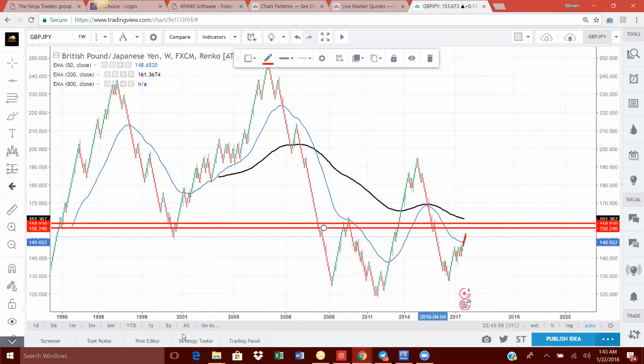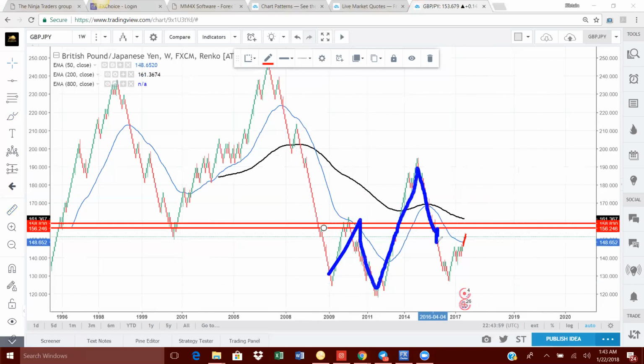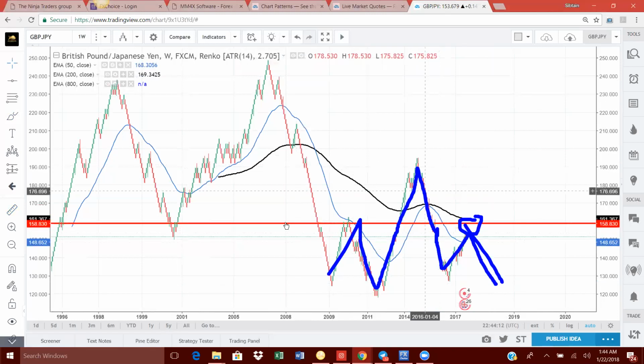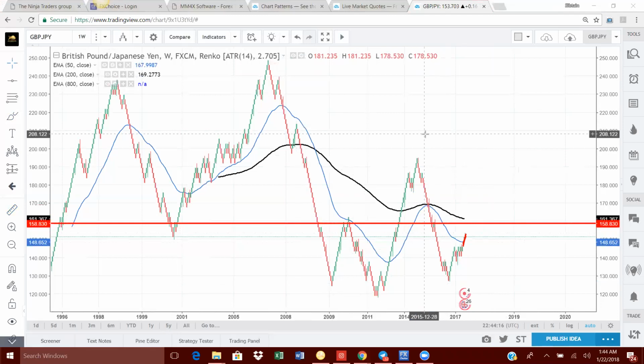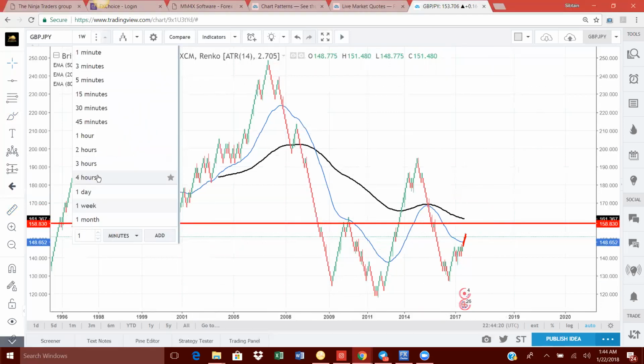If you see this left shoulder, head, and right shoulder, in this area price could come down. So 156,250, watch that place, make a remark, and watch what the price is doing. Then we'll have 2,500 pips eventually.